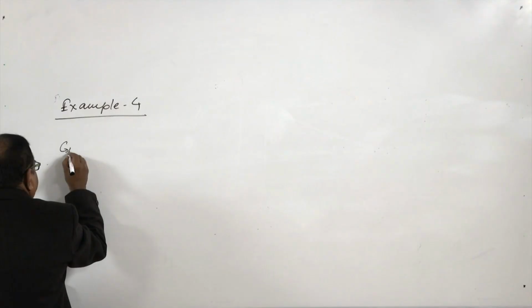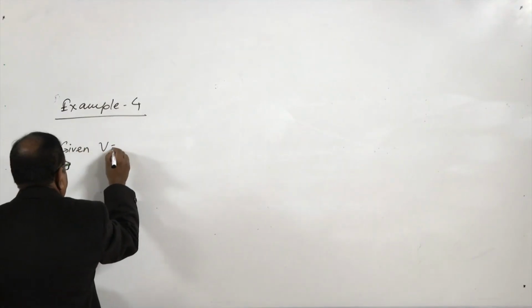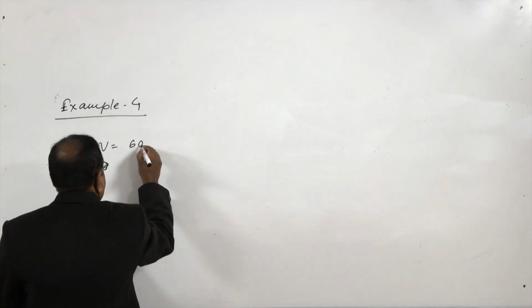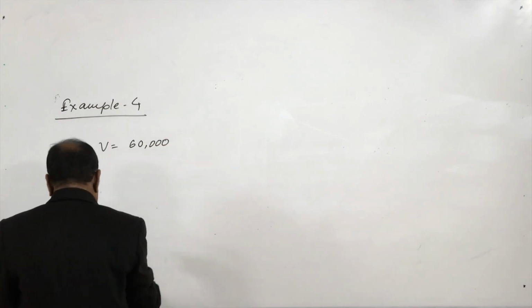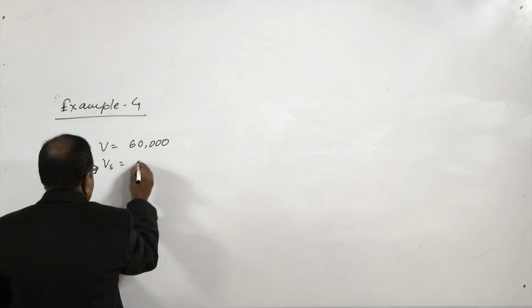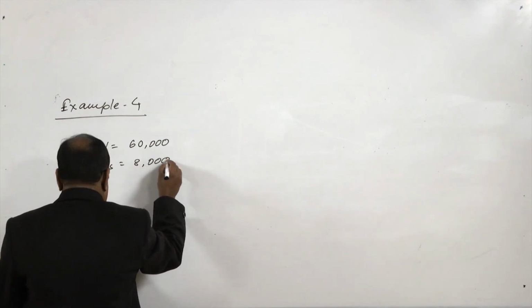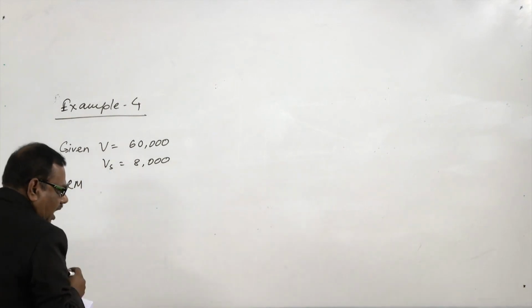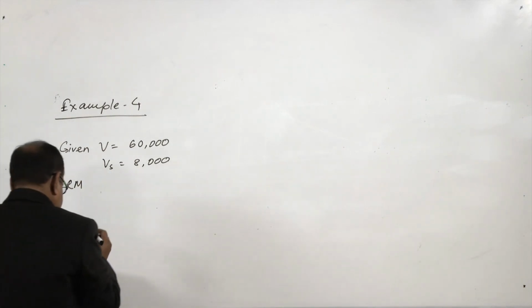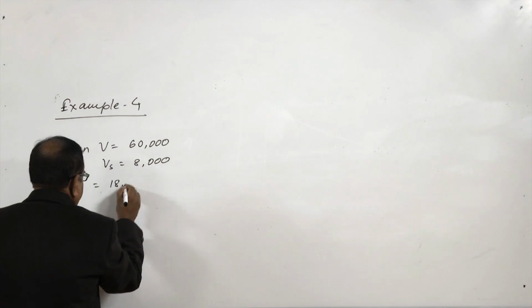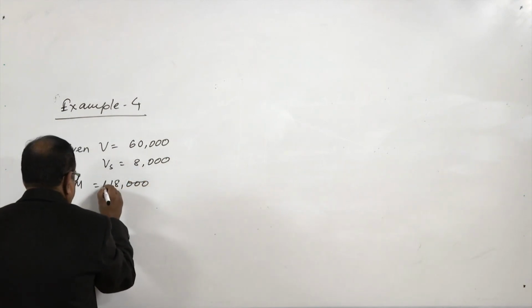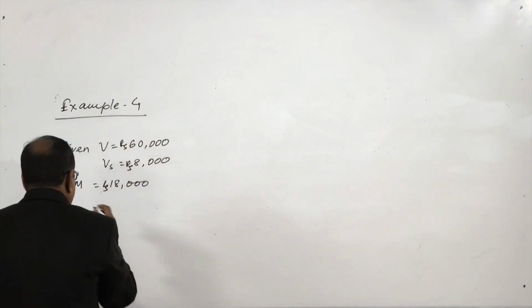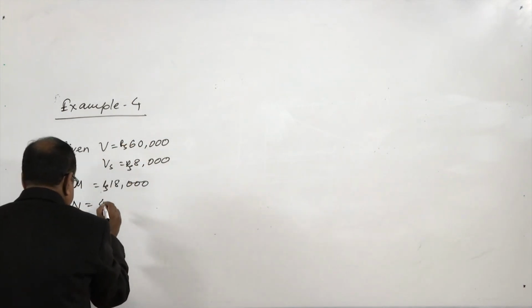Now, what is given is V is 60,000, Vs is 8,000, repair and maintenance, if I call it RM, is equal to 18,000, N is equal to 4.